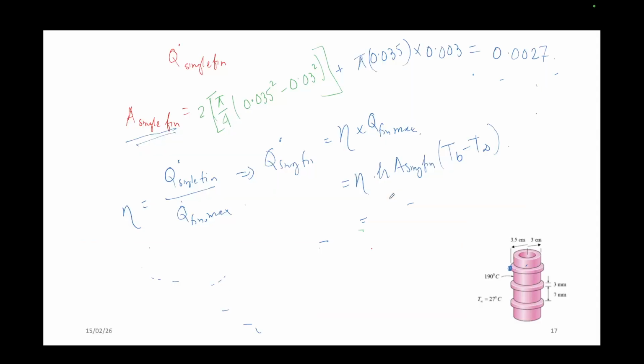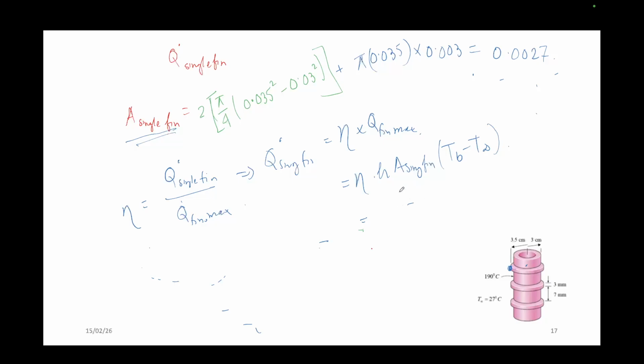Actually, if the base temperature is given, then efficiency or effectiveness will automatically come into this picture. But if the tip temperature is given, then this efficiency is generally not required.